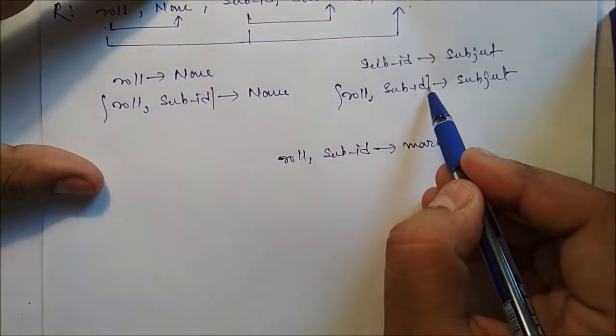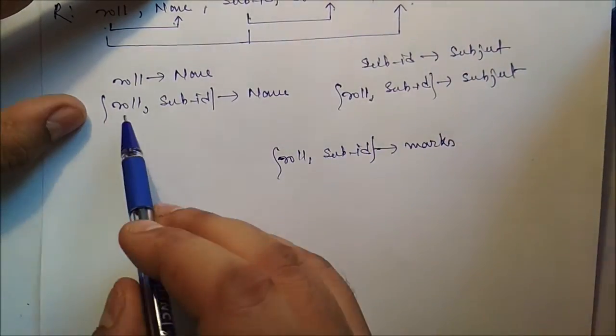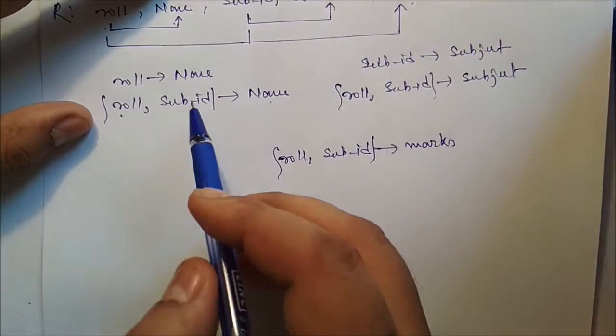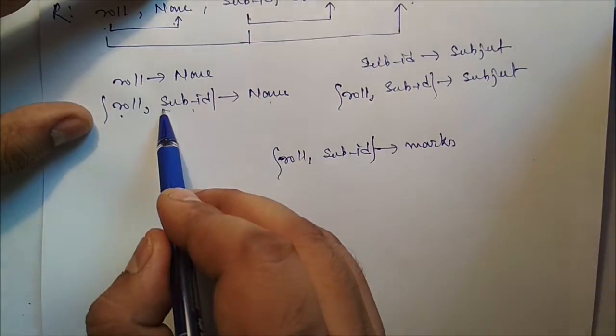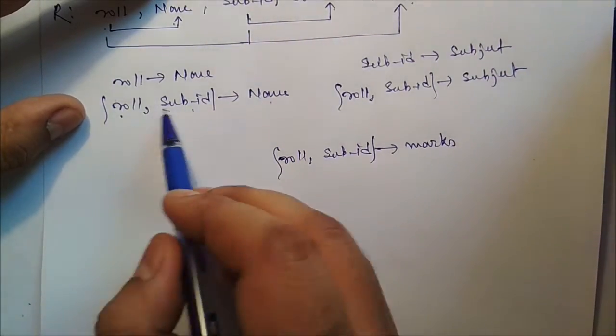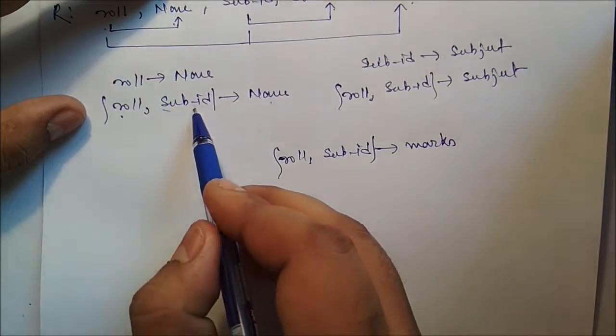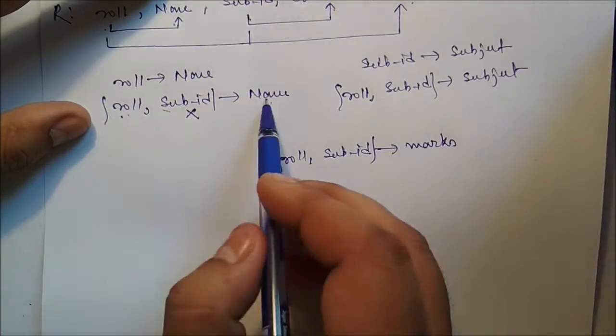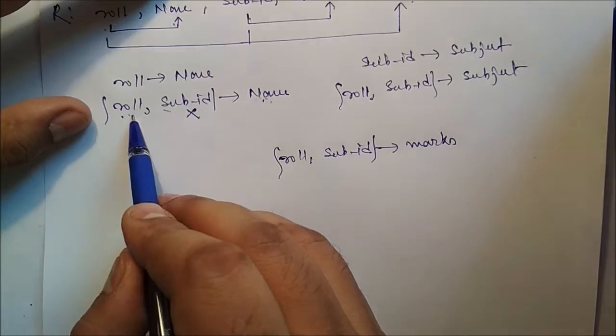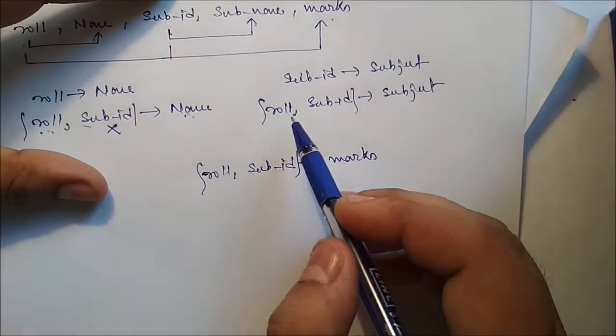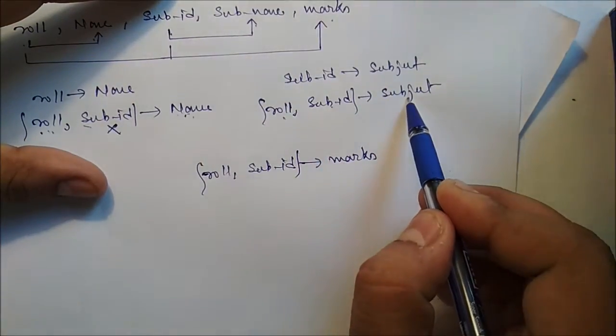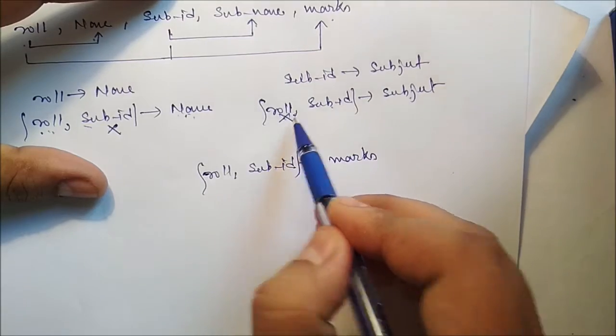Now we can see one thing. If from the roll number and subject ID you can identify name, and suppose you remove the subject ID from this attribute set, you can still identify the name from the roll number. Here from roll number and subject ID you can identify subject name, and from the subject ID alone we can identify the subject.